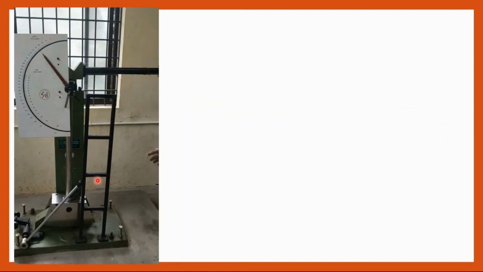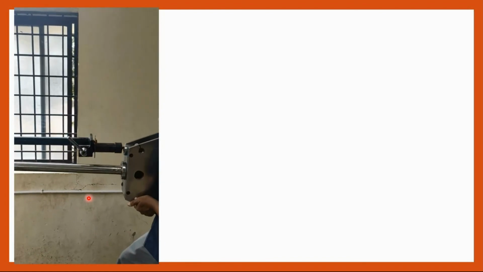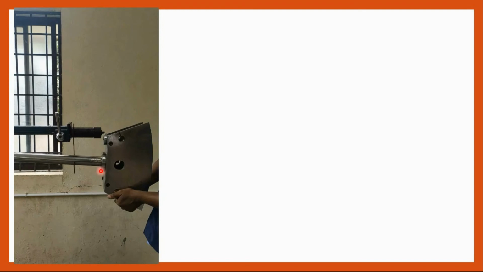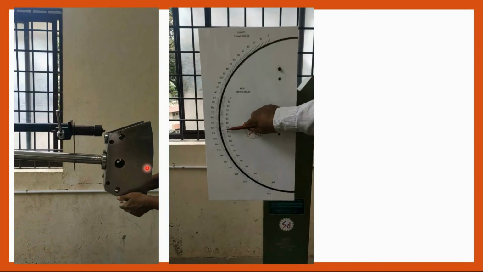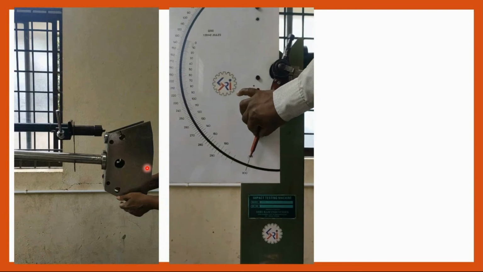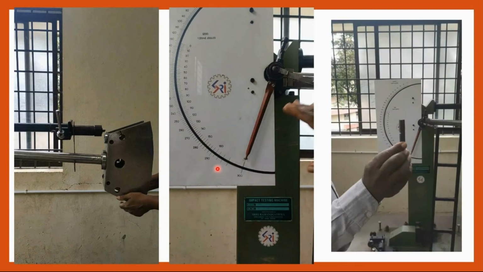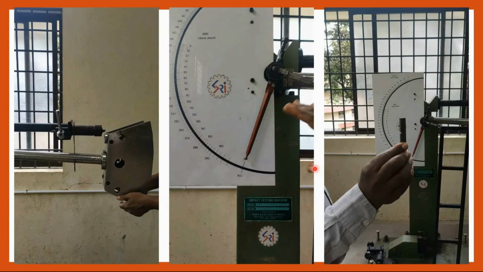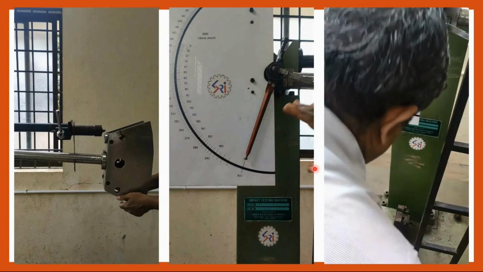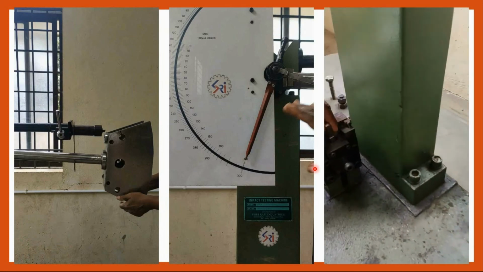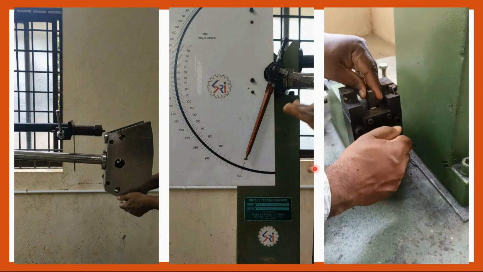The same procedure: place the hammer in a position of the pendulum at an angle of 90 degrees. Now the potential energy is 168 joules. Then place the pointer at a position of 168 joules. After that we need to fix the specimen. The notch should be at the face of the striking edge. Fix it properly and level it.